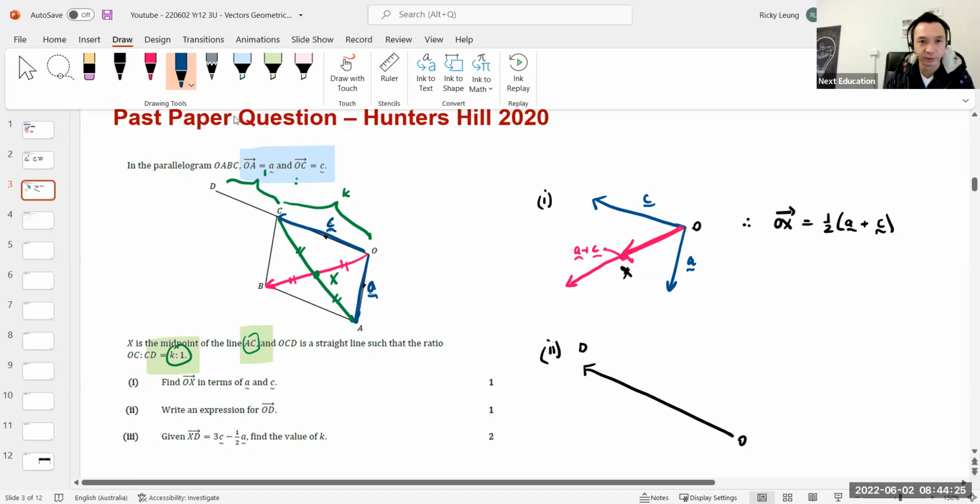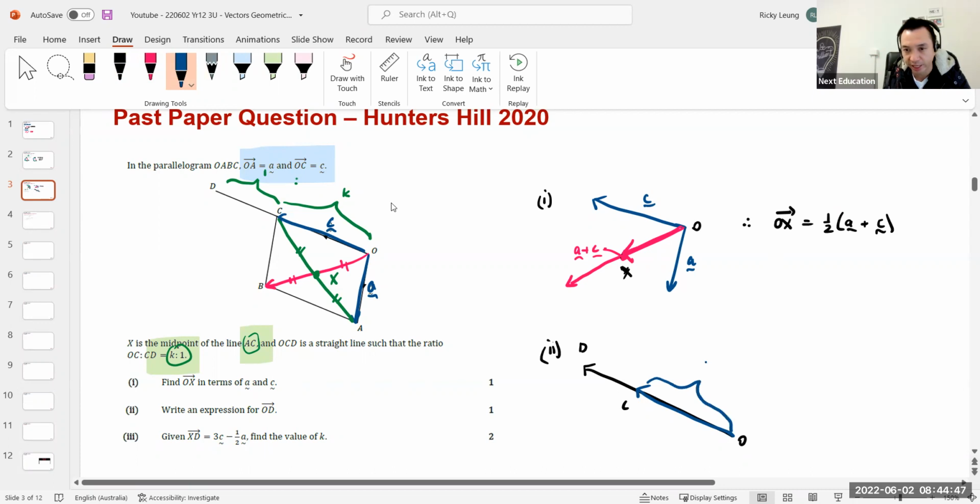So where's OC? The blue OC is over here. So this is OC. It's just a magnification. Now, what's the magnification? I know the ratio of this guy. So just to be clear, this is vector C.